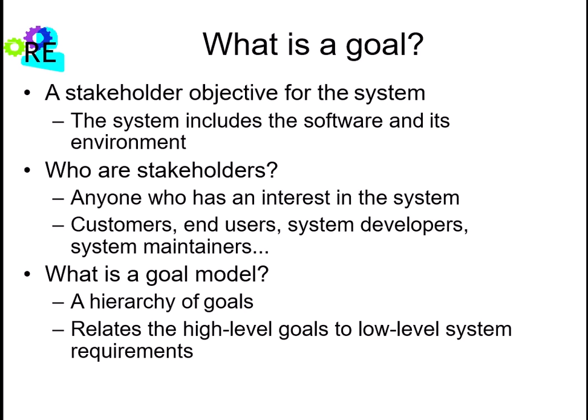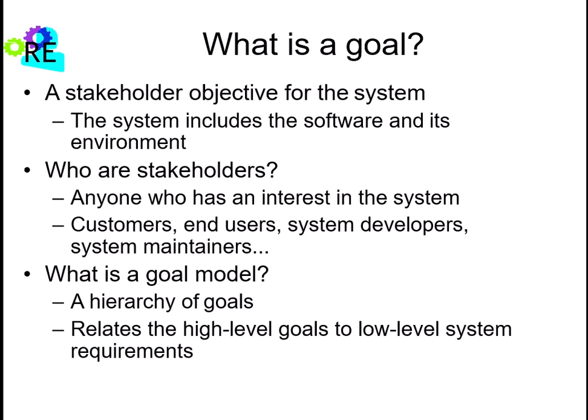A goal is a stakeholder objective for the system. This means there must be certain goals for which the system is going to be implemented. So the stakeholder objective for the system is simply called a goal.